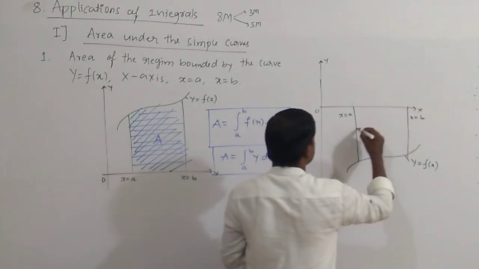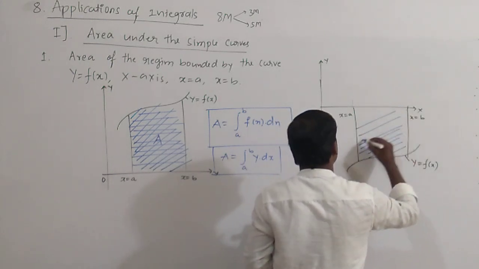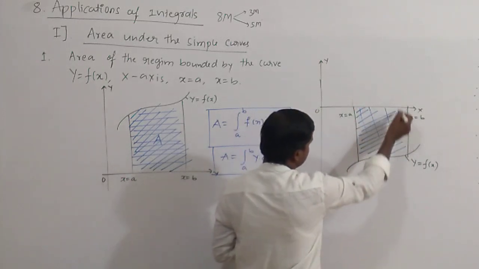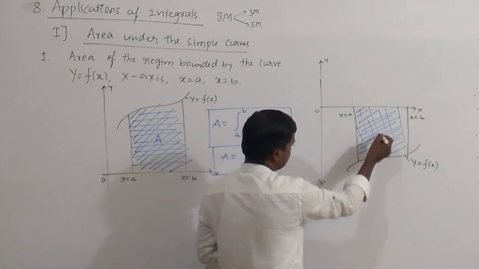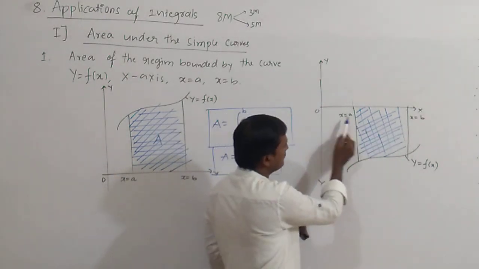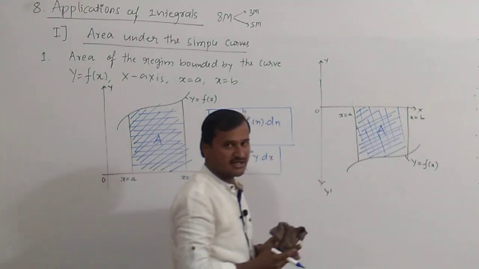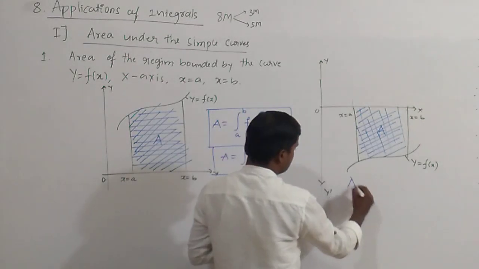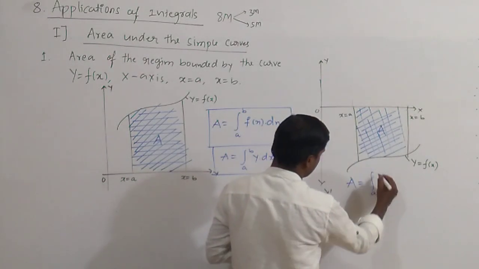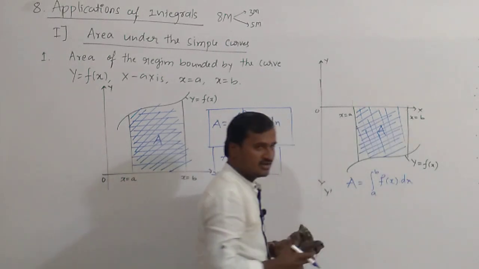If you want to find this area, you should observe that this area again lies on the x axis only, from the line x equal to a to x equal to b. Again we use the same formula: A equals integration of a to b f of x dx.